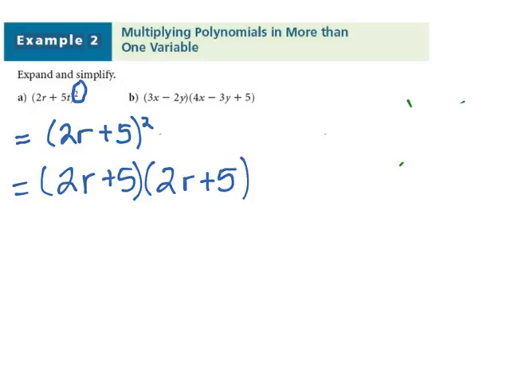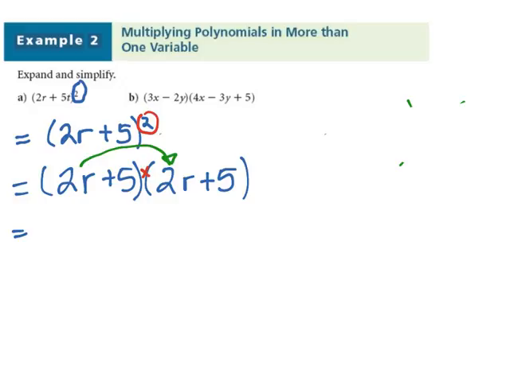So whenever you see this 2 outside the bracket, this means that there are two identical polynomials that need to be multiplied. Once you've written that down, we have to follow the distribution rules. The first term has to multiply with each and every term in the second polynomial.